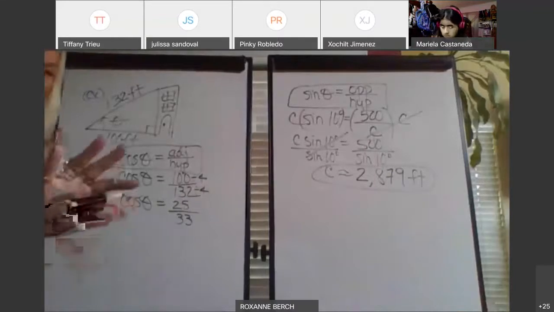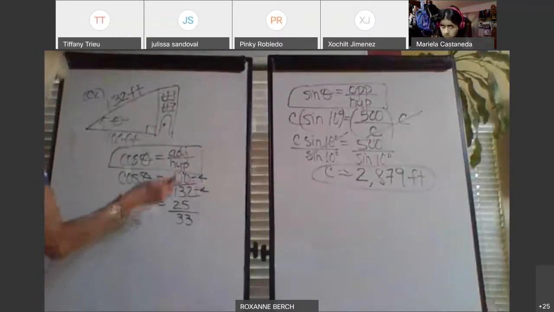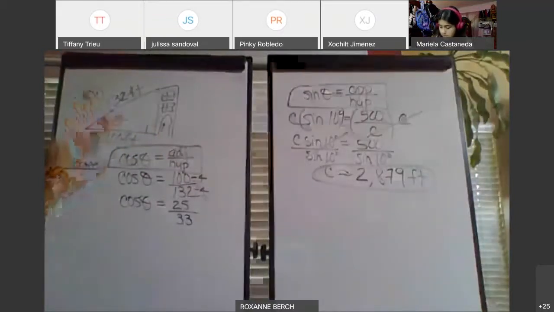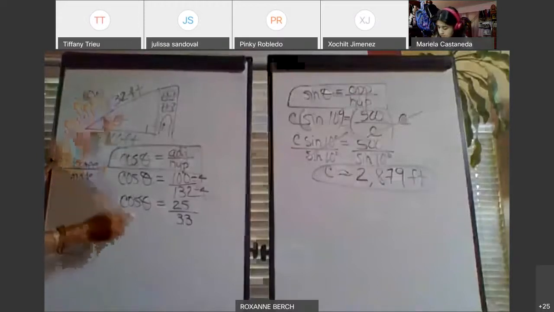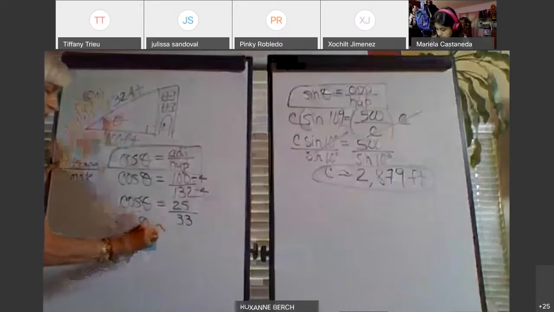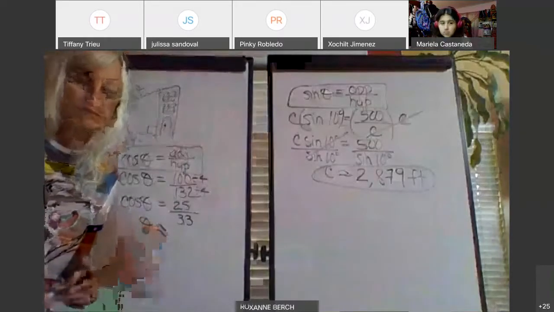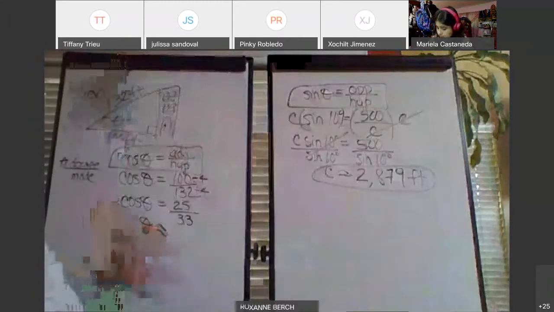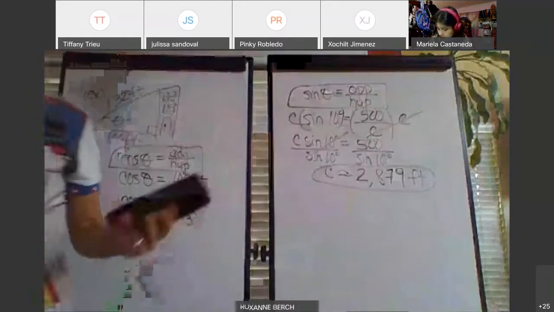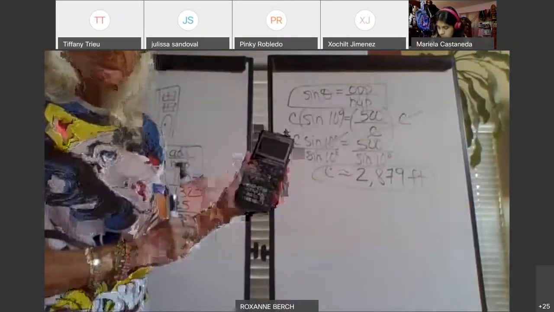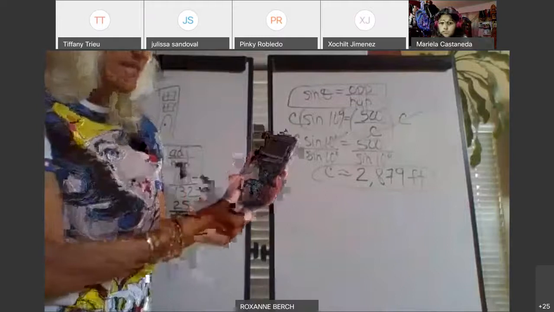So now watch this. And we want this in degrees. It's a real life problem. To find the angle, you have to use the inverse key. These are not reciprocal keys up here. These are inverse keys.